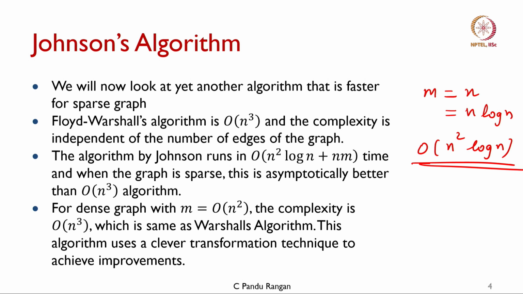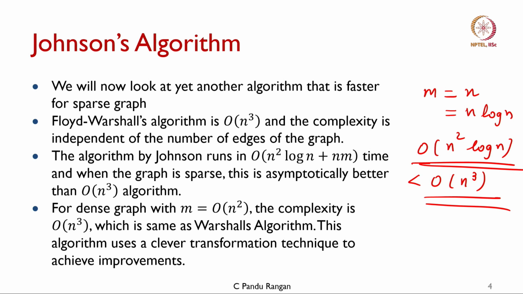So for graphs with fewer edges, order n square log n is more efficient than the order n cube algorithm. So Johnson's algorithm will be more efficient if the graph is sparse.